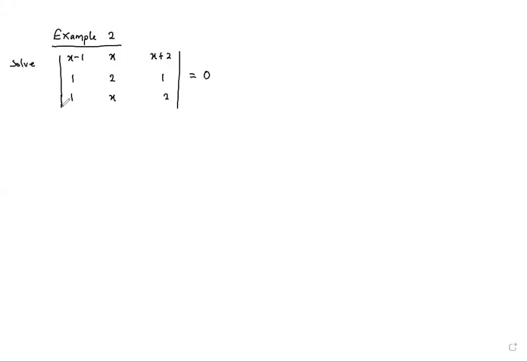The first column, the first entry is x minus 1 multiplied by, you cut here, cut there, so you get 2 by 2, which is 4, minus 1 by x, which is x.